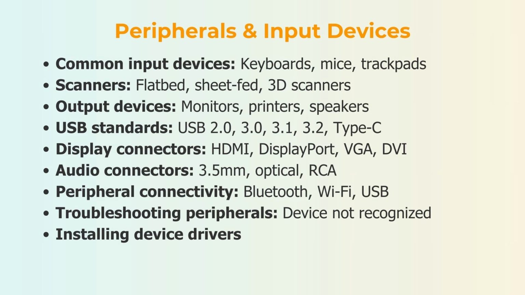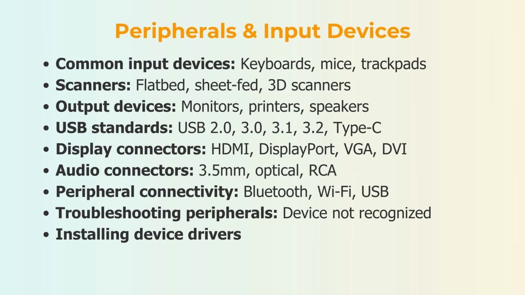For example, USB 3.2 is much faster than USB 2.0, and USB Type-C is becoming the preferred connector for many modern devices due to its versatility and faster data transfer rates. Monitors connect via HDMI, DisplayPort, VGA, or DVI, each offering different levels of video quality and features.